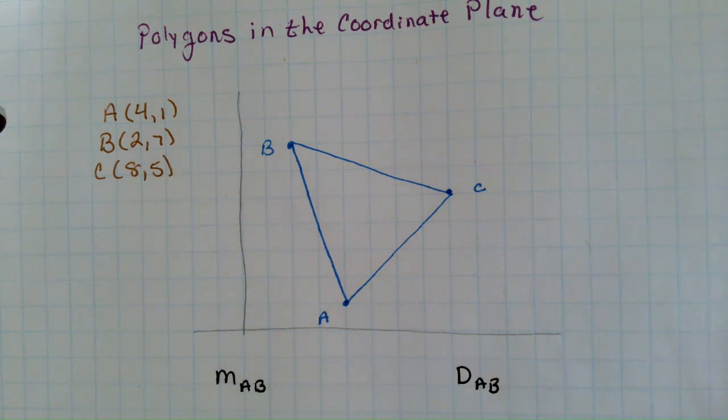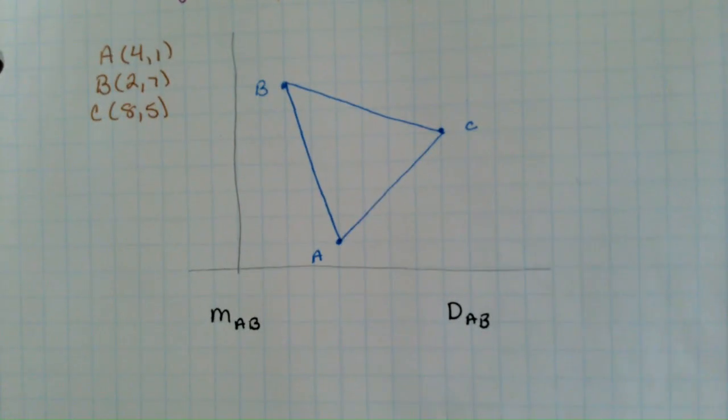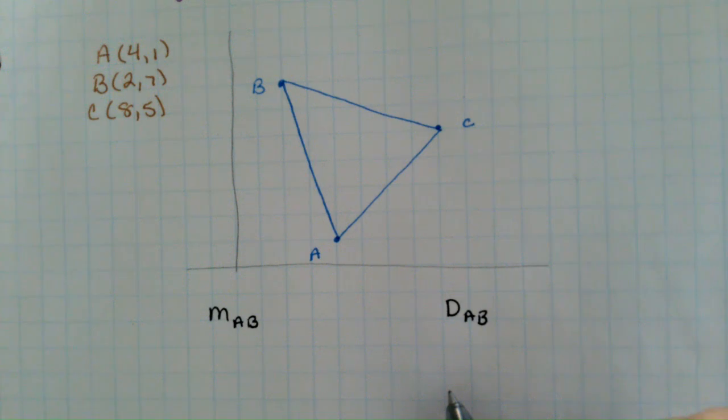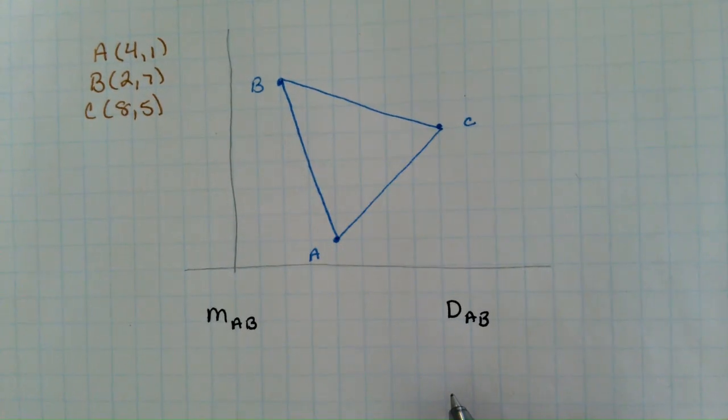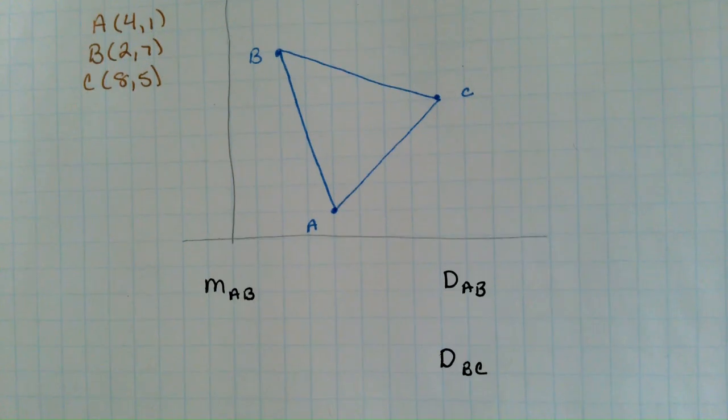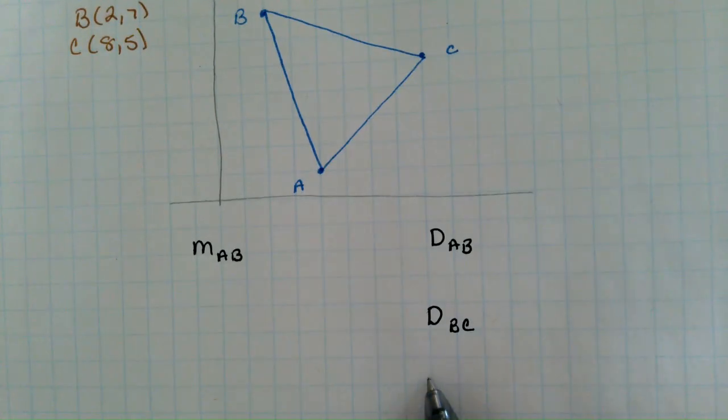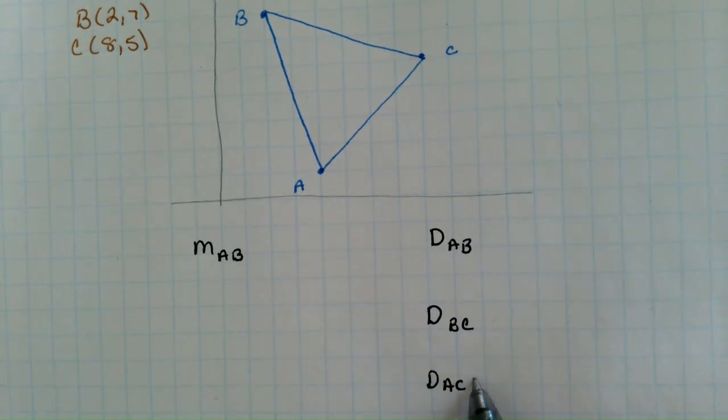That's going to be the slope, M for slope. And there's a reason why we're going to talk about slope if we need it. Okay, distance from A to B, the distance from B to C, and of course, the distance from A to C.